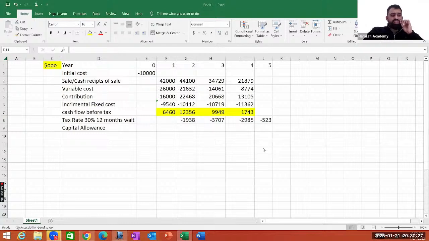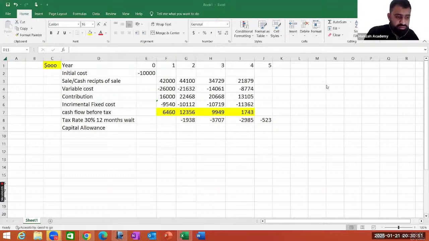Capital allowance is a tax relief on taxable depreciation. Tax relief on a taxable depreciation is a capital allowance. And capital allowance is usually in F9 paper, in financial management paper, calculated on initial cost.